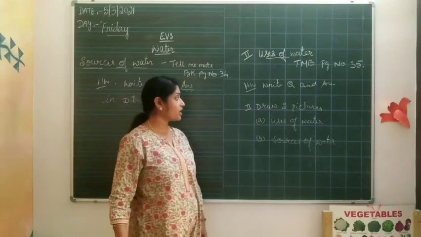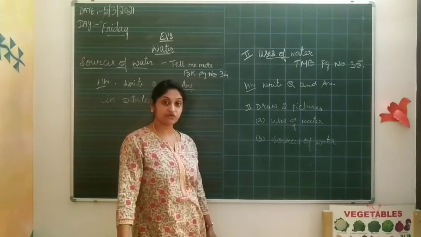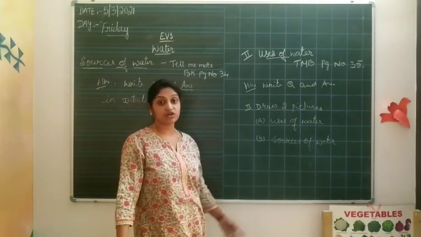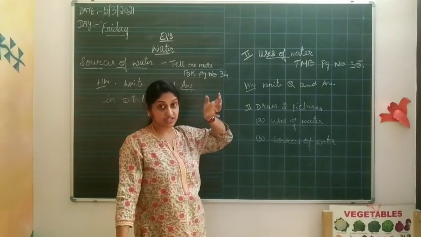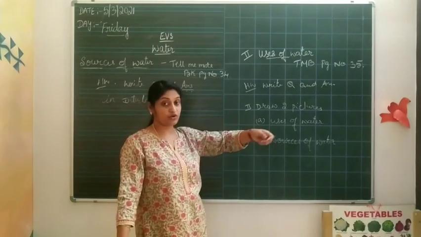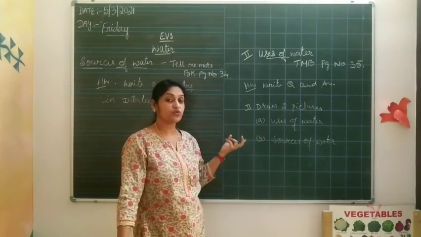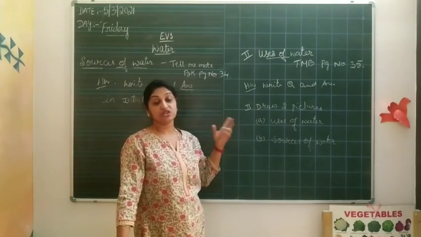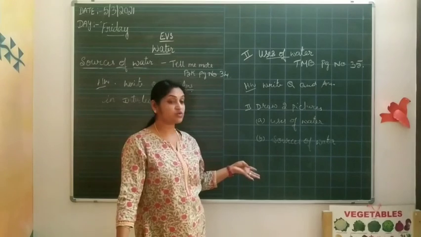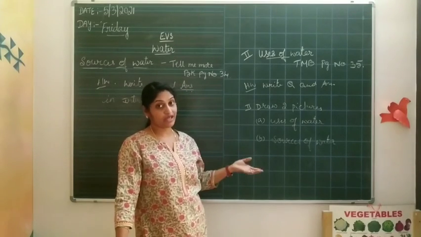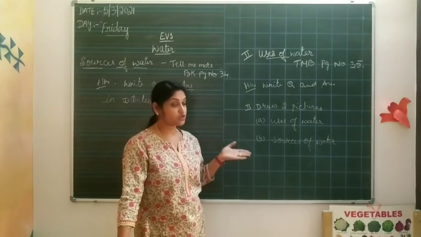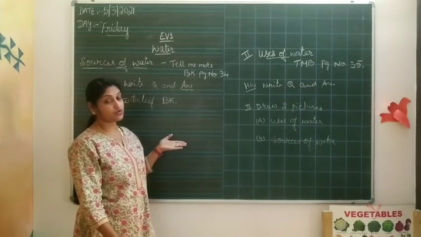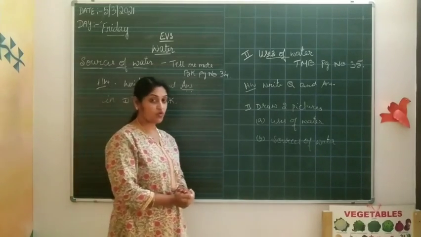You can draw or take two pictures of uses of water and sources of water. What are the uses of water? Like taking a bath and drinking water or watering a plant. Anything you can draw, any two pictures in your drawing book. And also the sources of water like lake, well, hand pump, sea, so many are given. You can refer to this Tell Me More book and you have to complete all these homeworks, children.